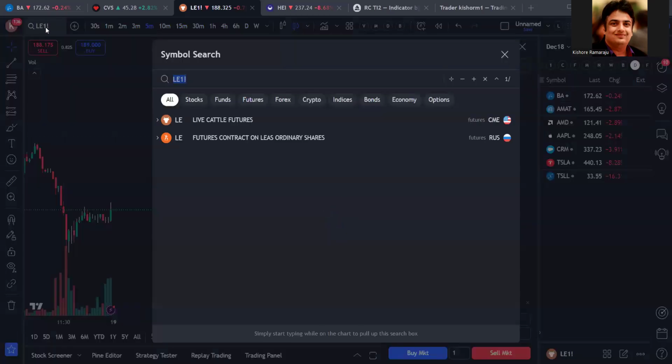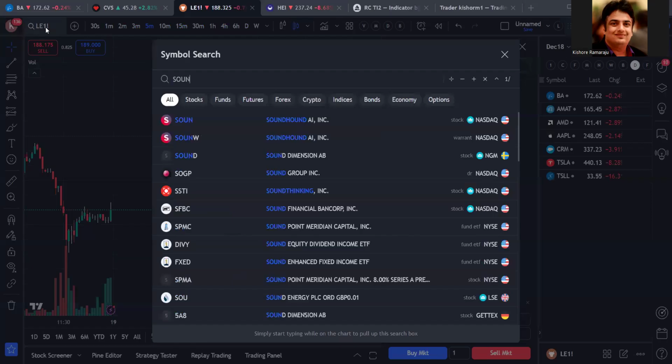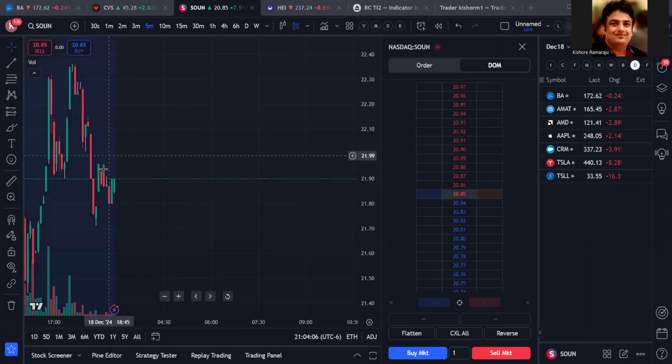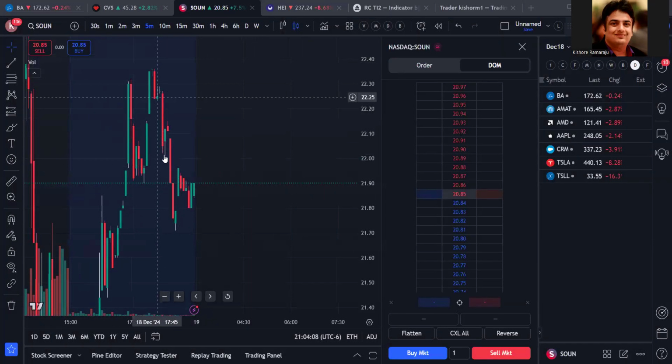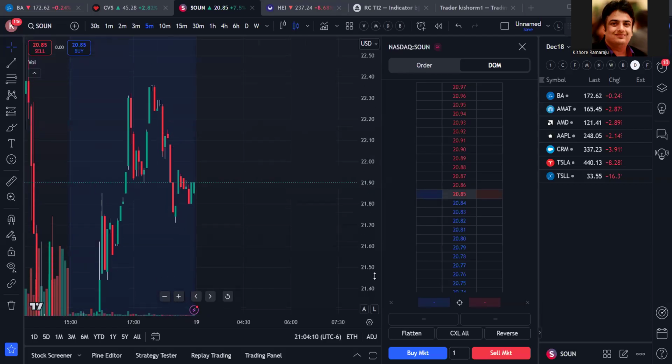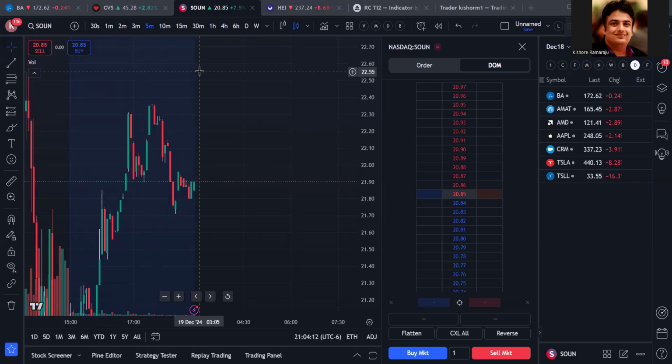For example, tomorrow you see a buy signal on SOUN. You can immediately click on buy. Tomorrow you may see SOUN going back up again.